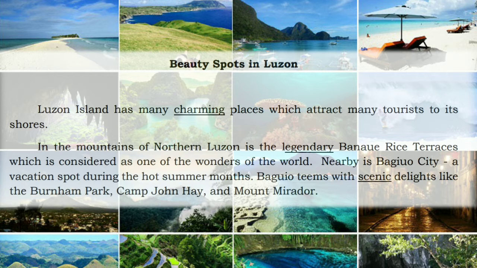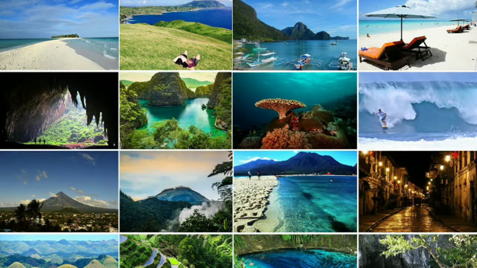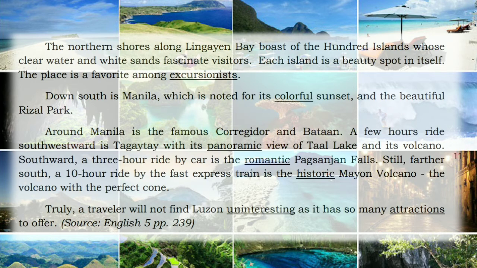Nearby is Baguio City, a vacation spot during the hot summer months. Baguio teems with scenic delights like the Burnham Park, Camp John Hay, and Mount Mirador. The northern shores along Lingayen Gulf boast of the Hundred Islands whose clear water and white sands fascinate visitors. Each island is a beauty spot in itself. The place is a favorite among excursionists.